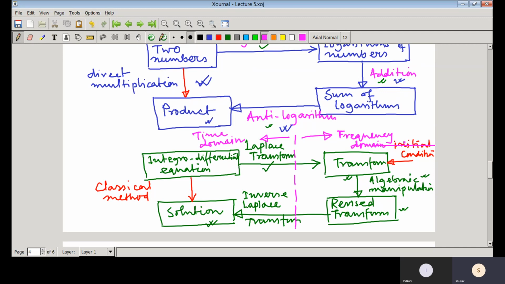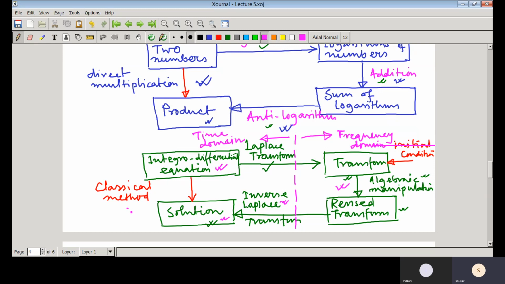In this course, we will be discussing in detail the time domain and the frequency domain. For the time being, just take this information that the Laplace transform is very similar to the logarithmic transform. If you have an integral differential equation, then just by taking the Laplace transform and transforming it into algebraic form, we can get the solution via the inverse Laplace transform.